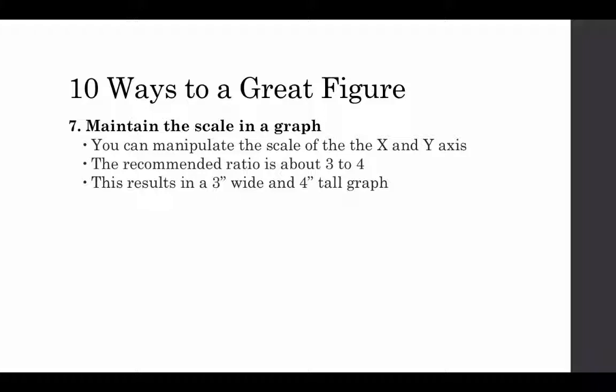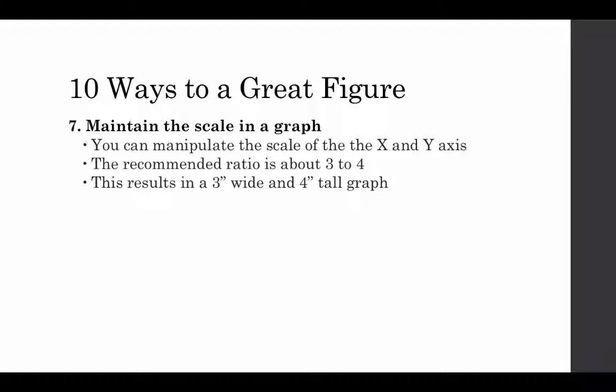Number 7, maintain the scale. I mentioned earlier, when you're trying to compare two things that aren't on the same scale, it makes it very difficult because you have something that's really high and something really low, and the range on your scale is really large. The recommended ratio is about 3 to 4, which basically results in a graph 3 inches wide and 4 inches tall.